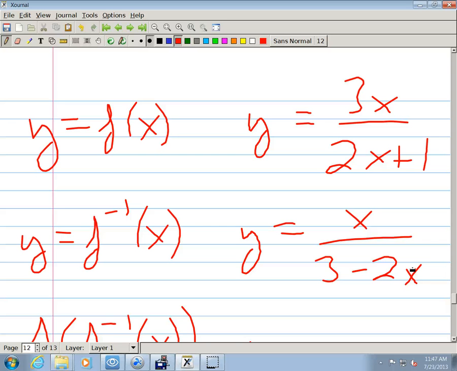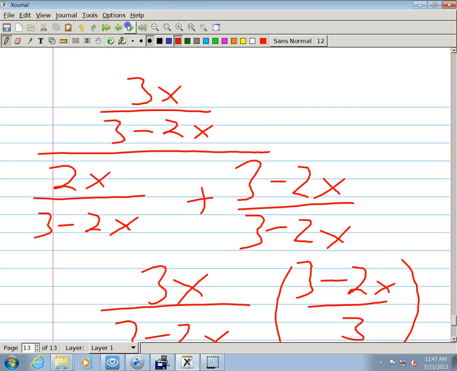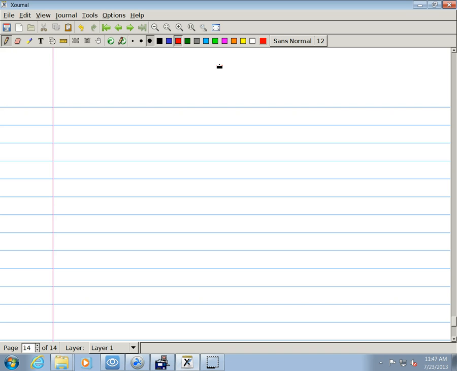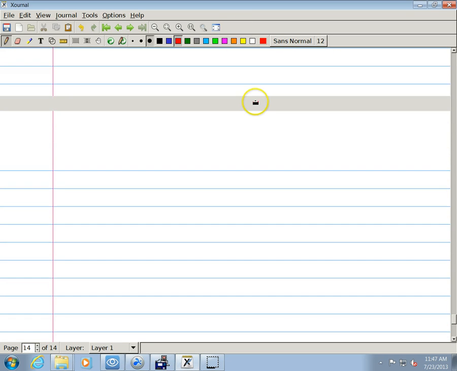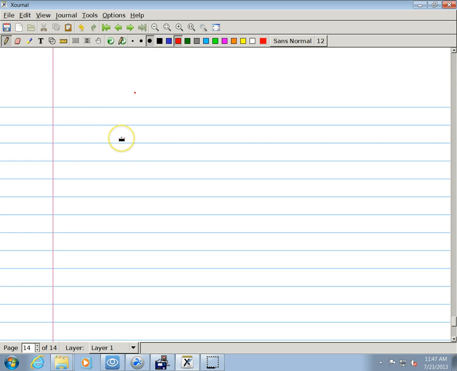Right, so now we want to do f inverse of f. Okay. So let's redo the same thing, but sort of backwards. So now I want f inverse of f.